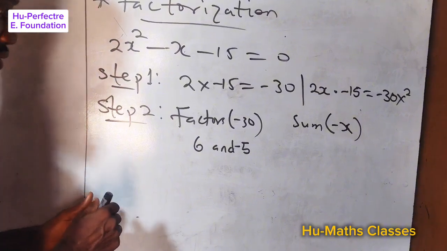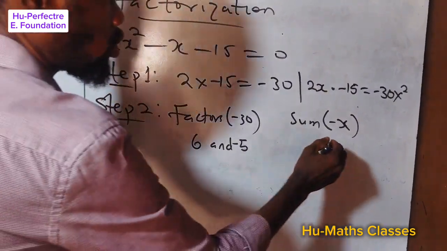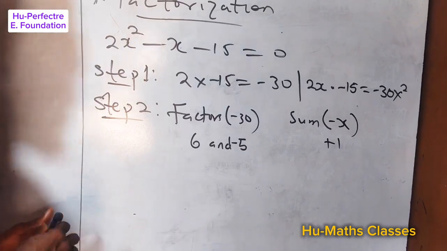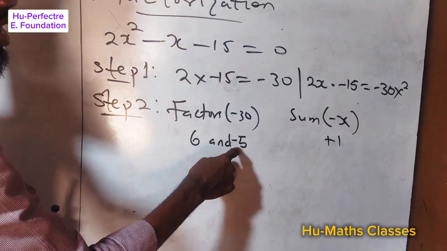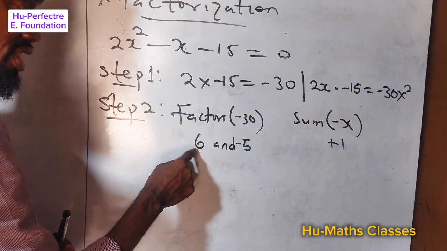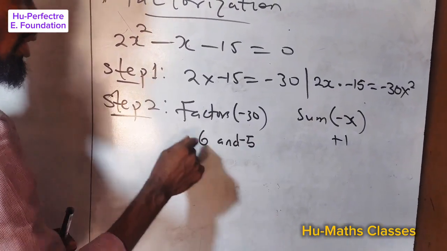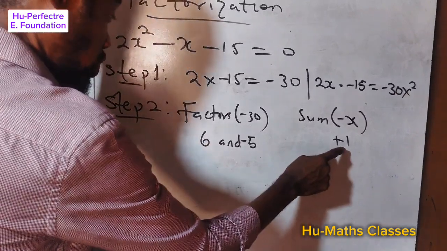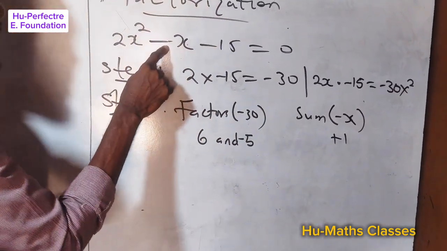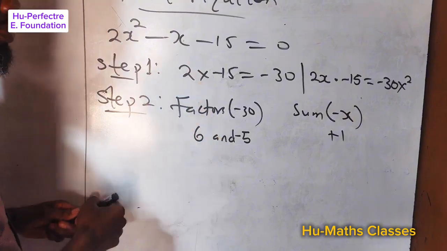If you multiply 6 times minus 5, your answer will be minus 30. But if you add 6 plus minus 5, or minus 5 plus 6, your answer will be plus 1, which is not the same as the coefficient of the second variable.